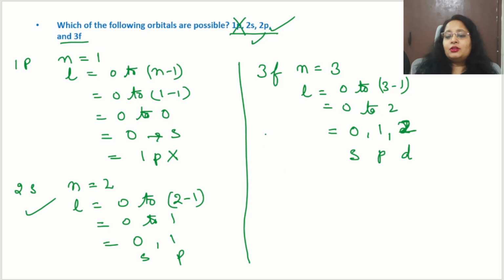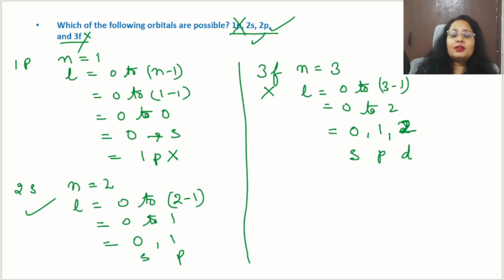So here 3f is wrong. 3 always comes only up to d. If n is equal to 1, only the s subshell will be there. If n is equal to 2, both s and p subshells are there. And if n is equal to 3, there are 3 subshells, s, p and d. So 3f is also not possible.